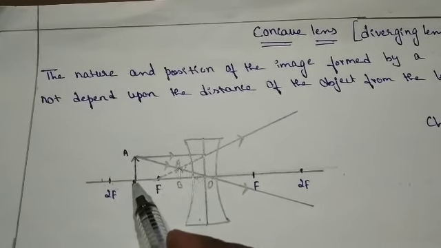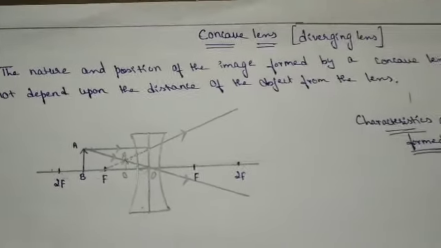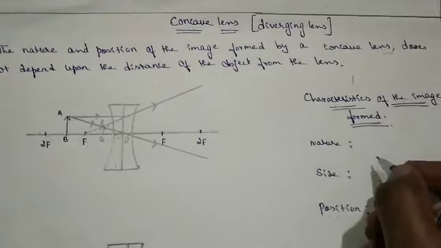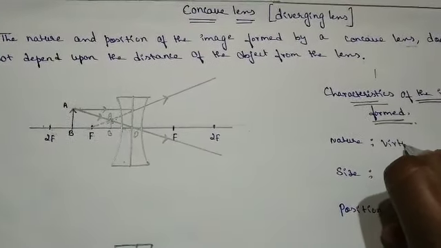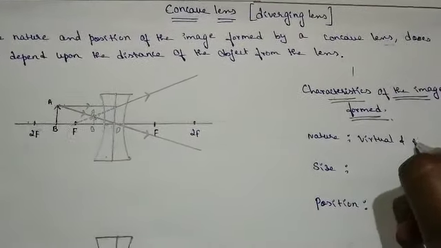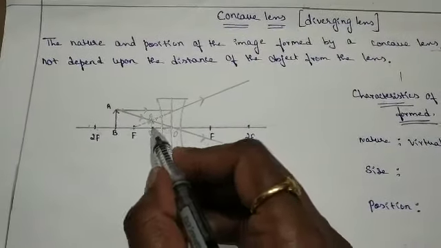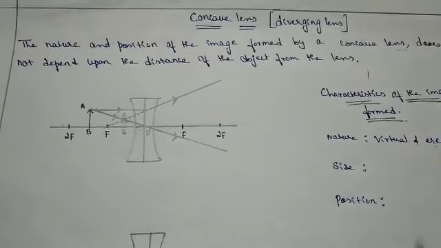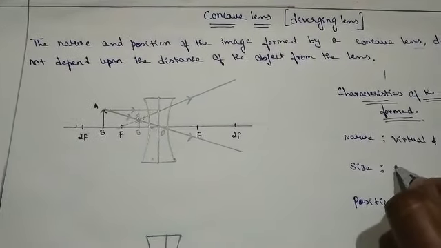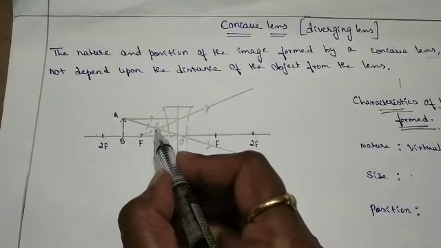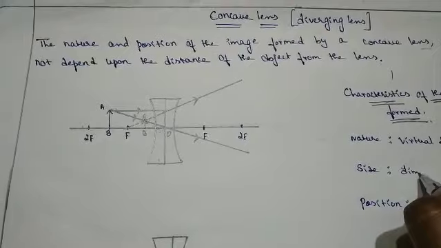The object is placed above the principal axis, and the image is formed above the principal axis. Here the nature is virtual and erect. The image is formed above the principal axis, which means erect, and wherever it is erect, it will be virtual. You can see the size of the image is smaller than the size of the object, so we can write diminished.